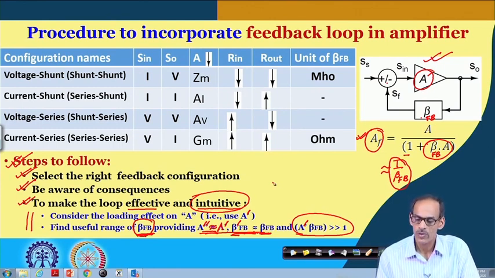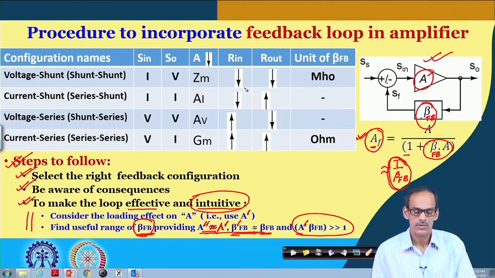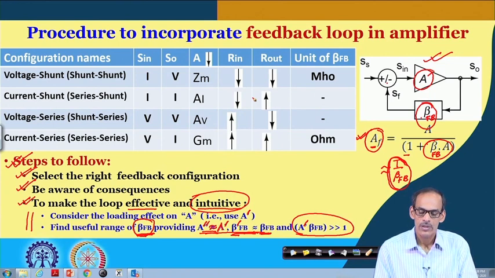So, to achieve this property, namely the AF solely defined by the feedback network, we need to have a meaningful selection of this beta f b, and then only whatever changes we have summarized in this table, namely increase or decrease of the resistances defined by this desensitization factor, are directly applicable.